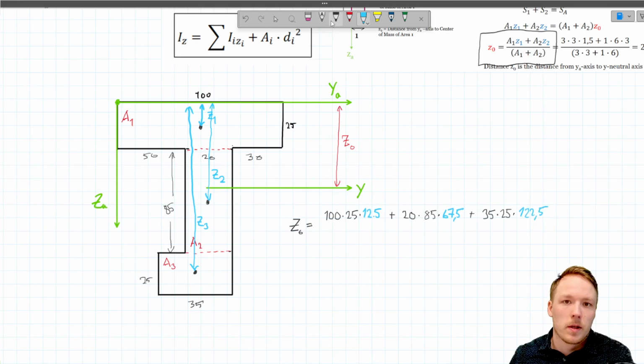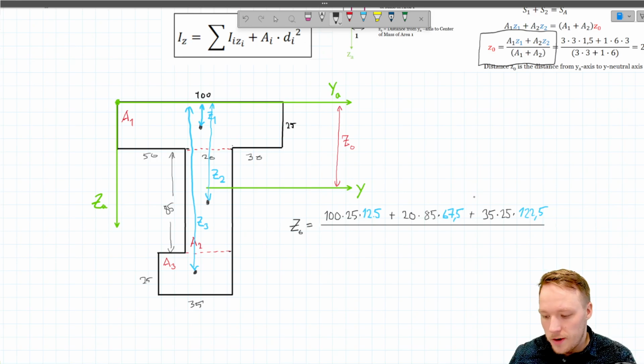Like that. And now what we need to do is divide the entire term by the total area of this cross section. The total area is 100 times 25 plus 20 times 85 plus 35 times 25.